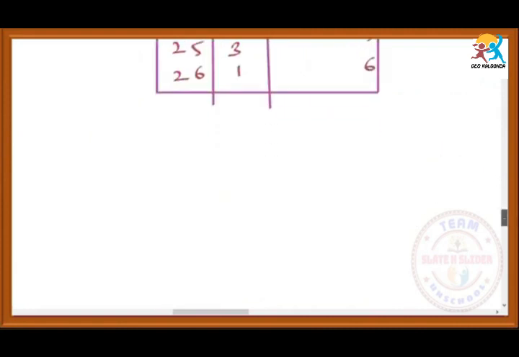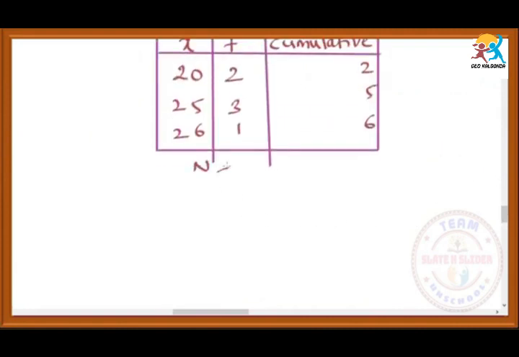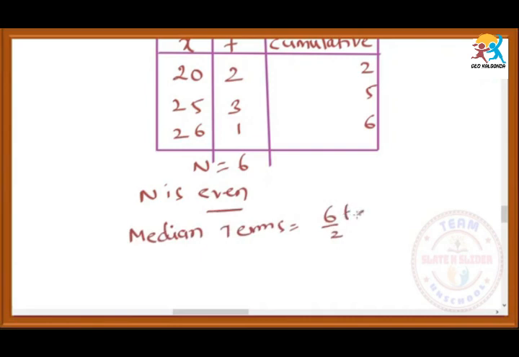So here n is equal to 6. So n is even. So what should we do? We will get two median terms. Median terms are the 6 by 2 term and the 6 by 2 plus 1 term. So this is the third term, this is the fourth term.